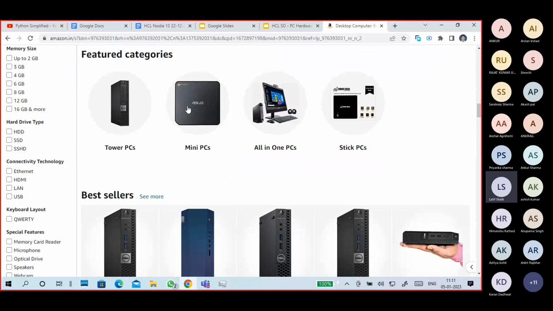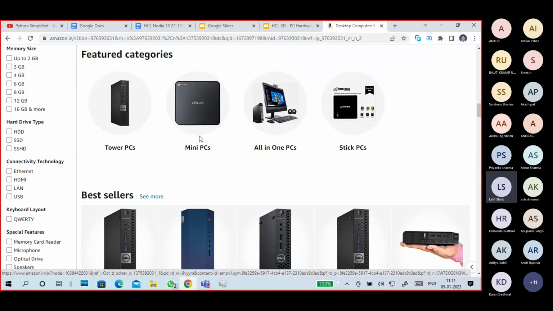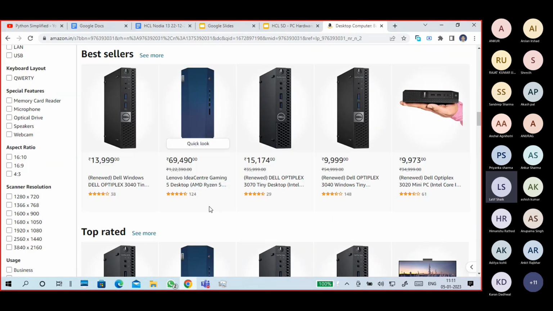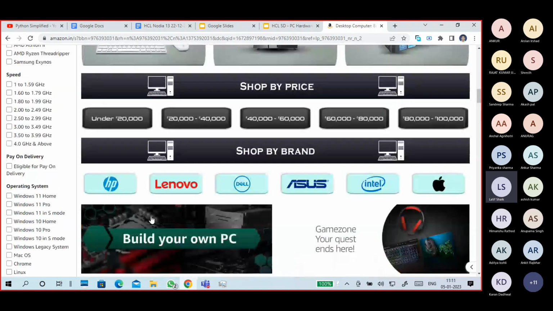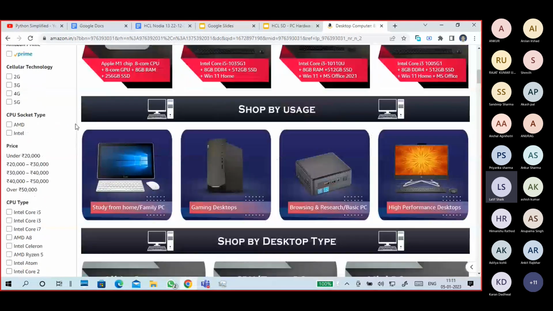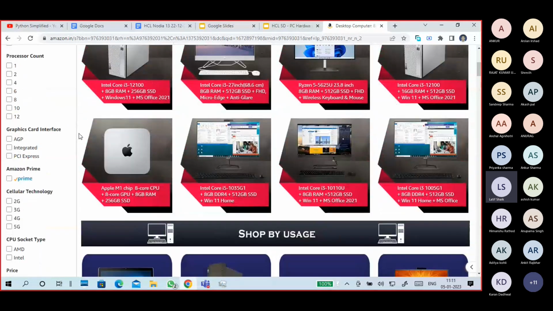There are mini PCs, tower PCs, all-in-one PCs, stick PCs. Different types of PCs are available, different processors, RAMs. So you can check how to buy those things.